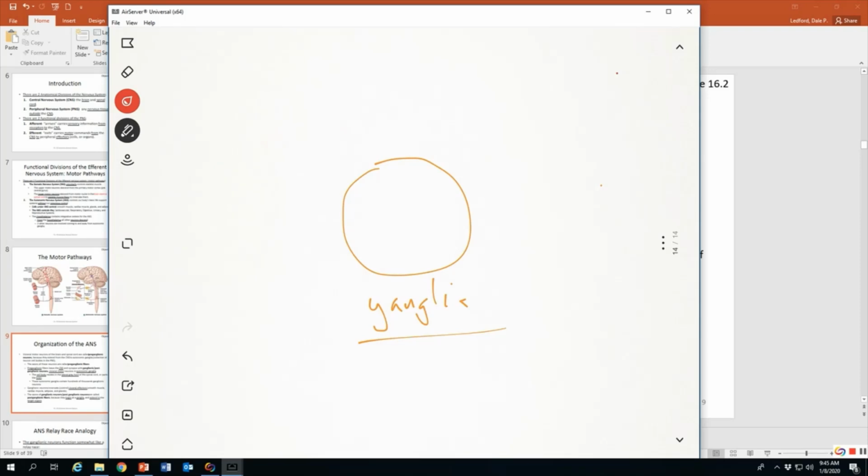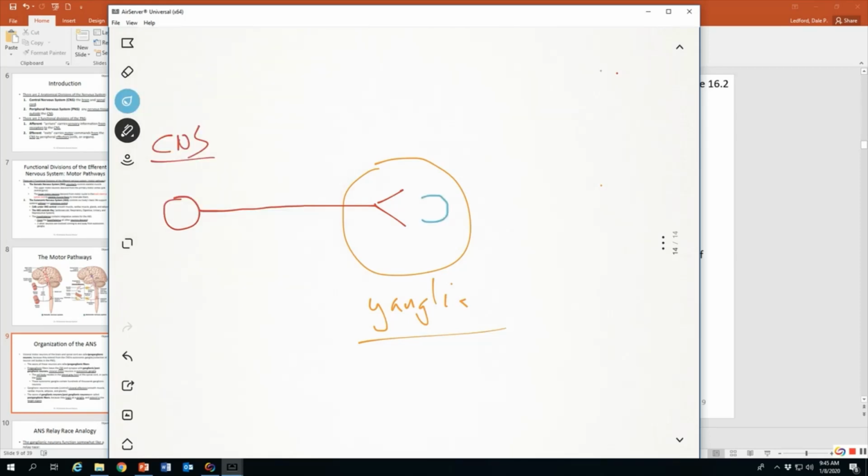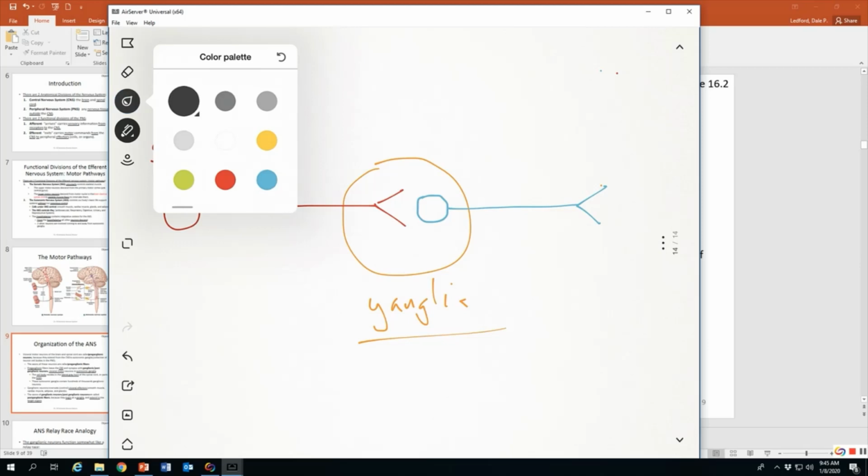A ganglia is a collection of neuron cell bodies in the peripheral nervous system. So that means I need to have some neuron cell bodies. Well, over here in the CNS, brain or spinal cord, there is a neuron that comes in and synapses here.